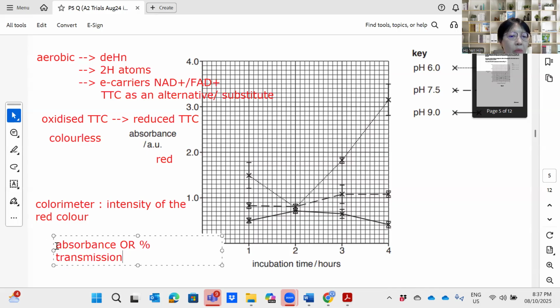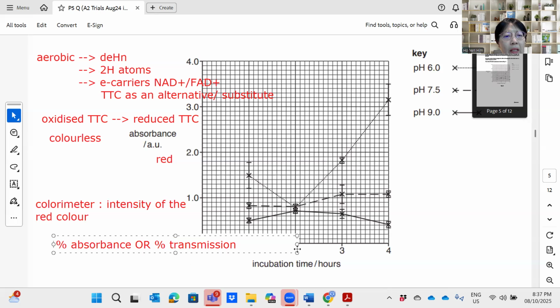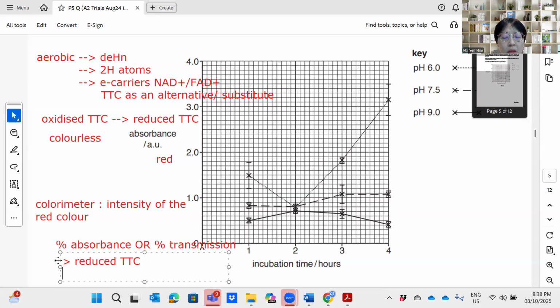Absorbance means how much of the light is being absorbed by the red particles. So the more reduced TTC, the more light is absorbed, so the lower the percentage transmission.